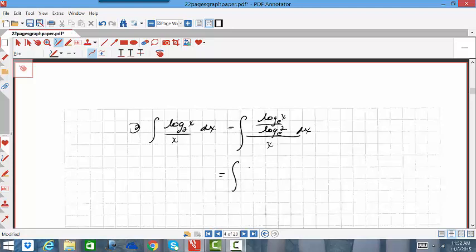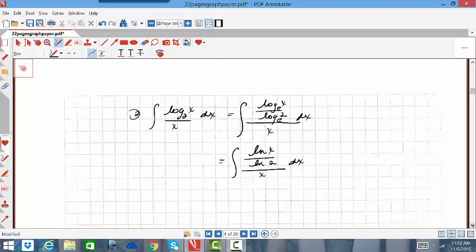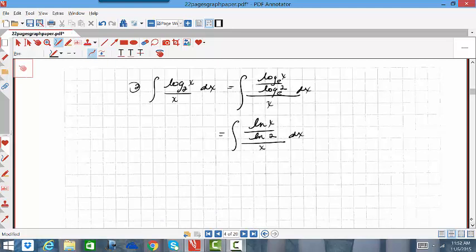So this is also the natural log of x over the natural log of 2, all over x dx. Now remember, the natural log of 2 is a constant. That's just a number. There's no variable in that. So I can pull out 1 over the natural log of 2, leaving behind the natural log of x over x dx.